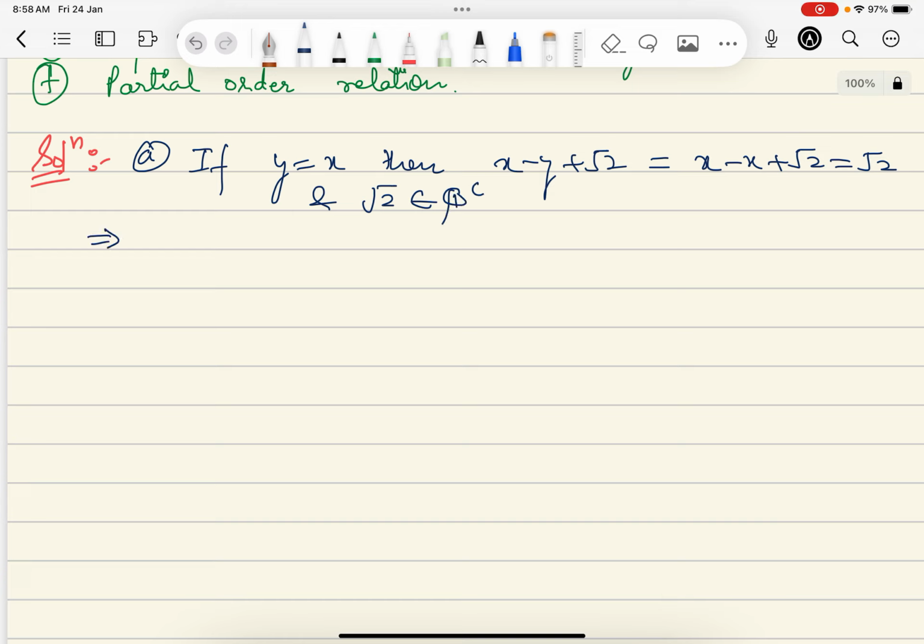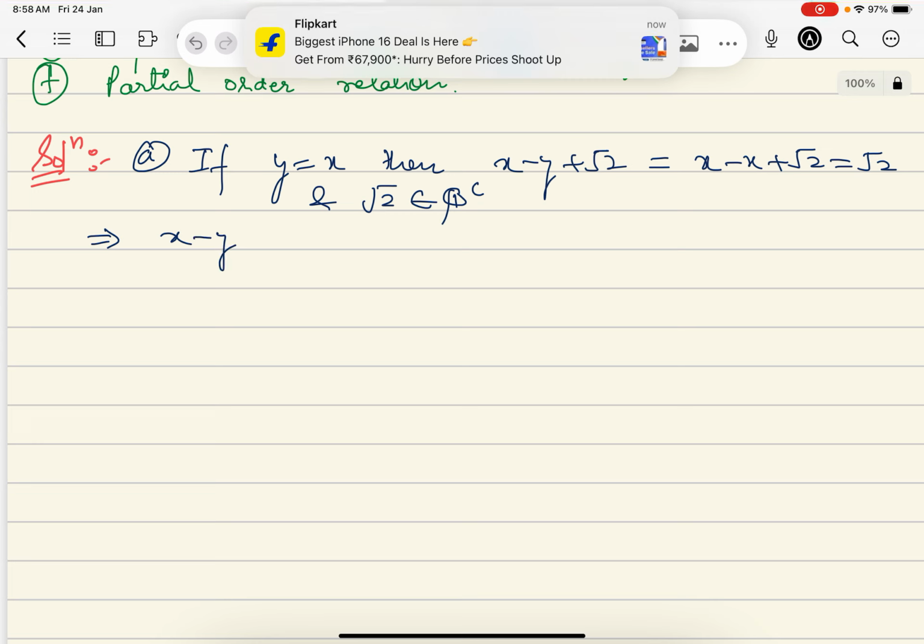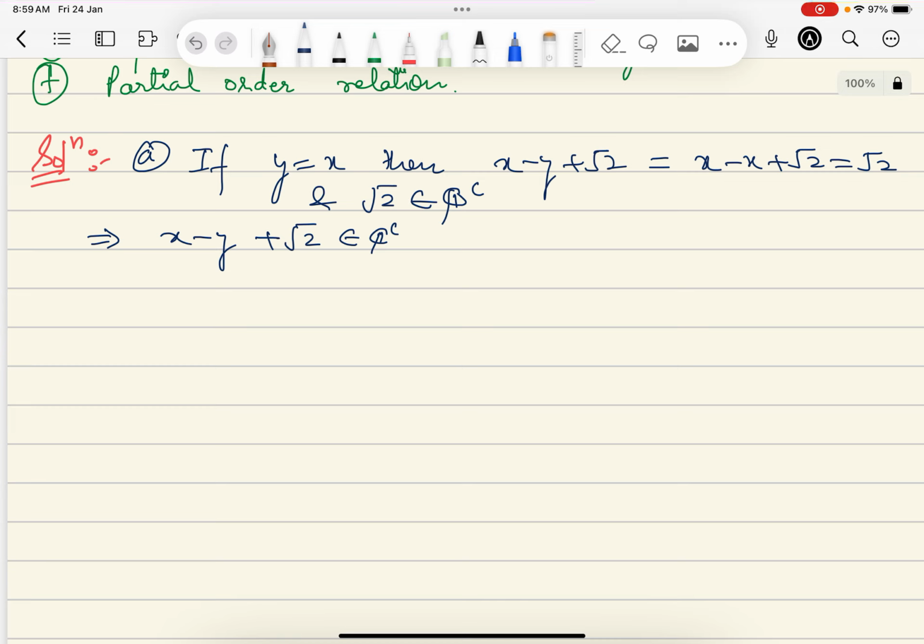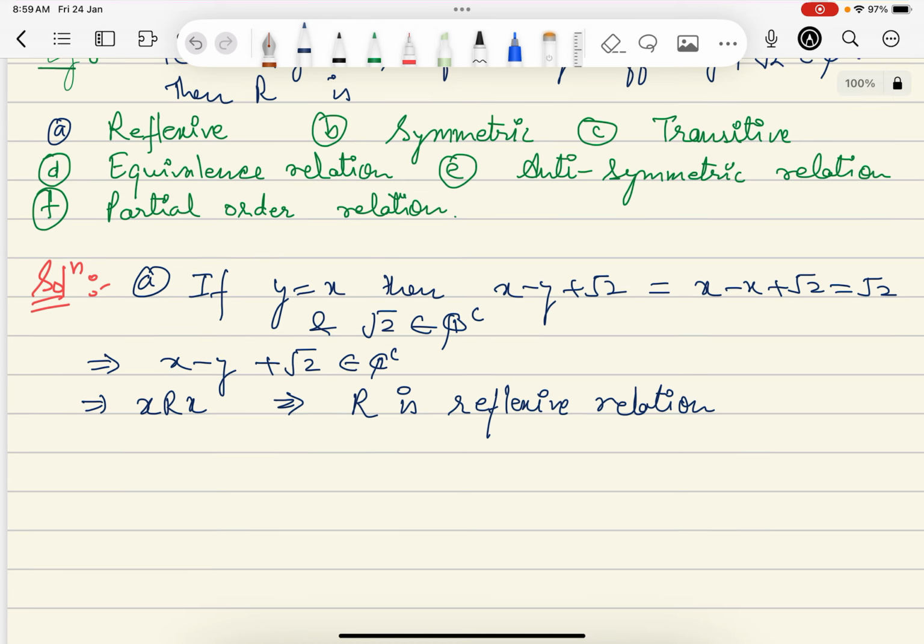This implies x minus y plus root 2 belongs to Q complement. This implies x related to x. It means R is symmetric, sorry, reflexive relation. Okay, we have proven that R is reflexive.